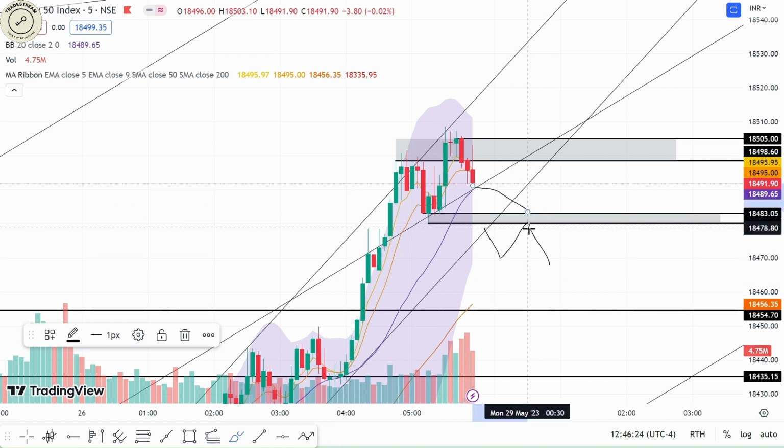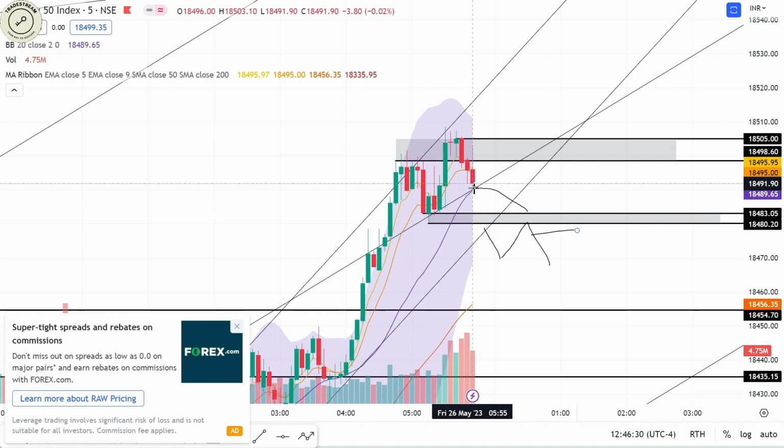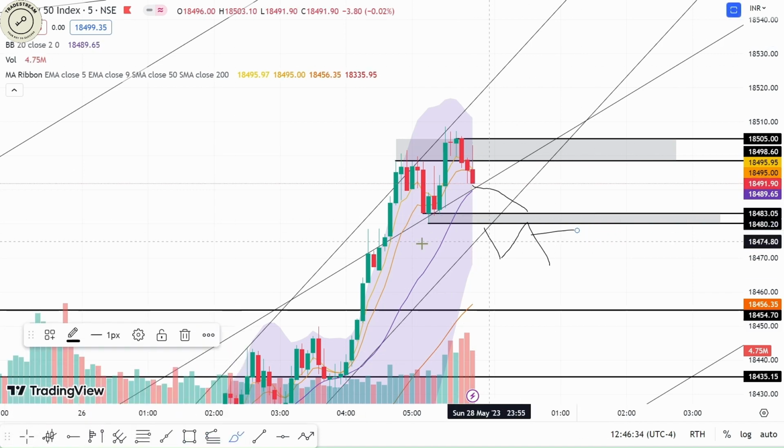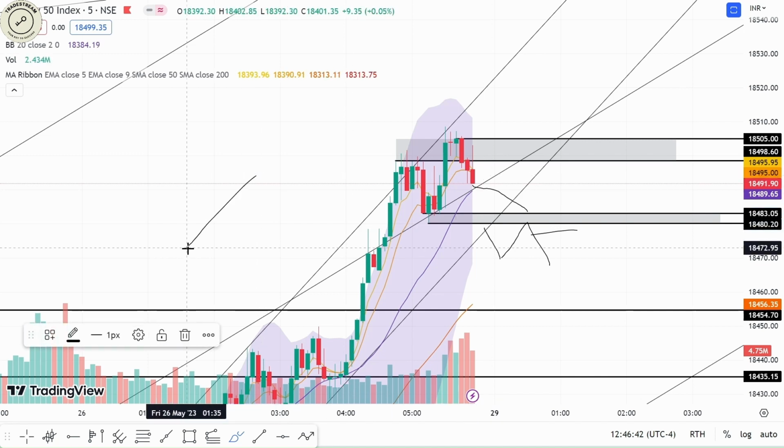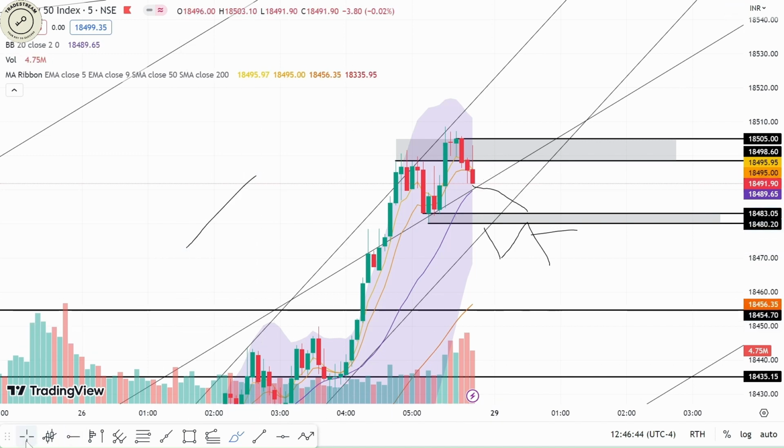When the price is retraced back, just place the order around here, or it could take the support from here and bounce all the way up. So price could go in any direction. These are the possibilities that could happen. I believe the price is going to retrace down because it's in a strong uptrend.